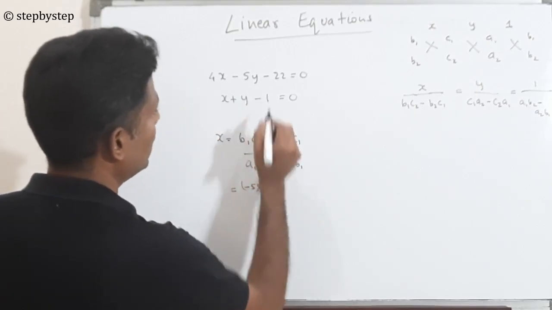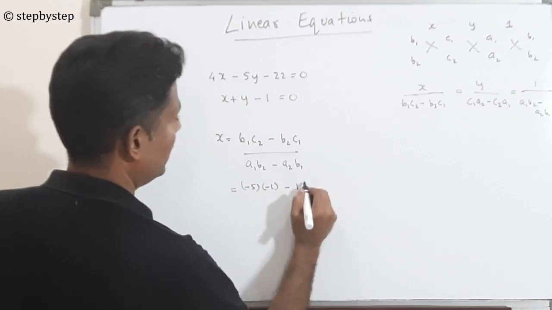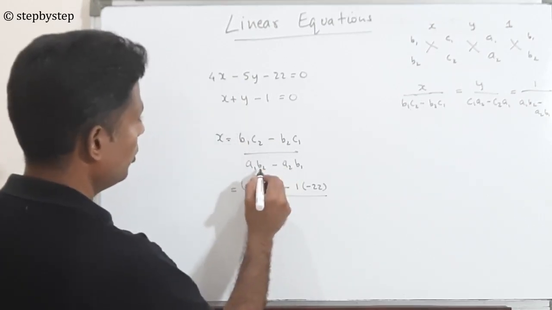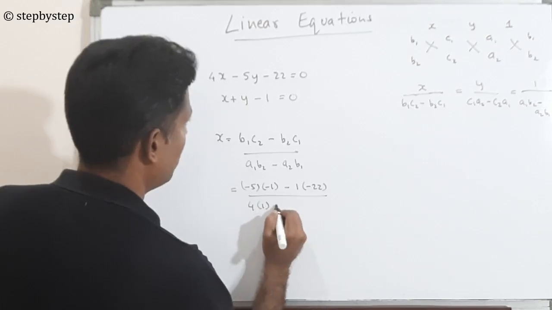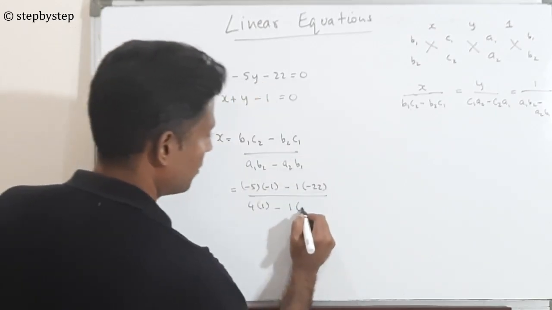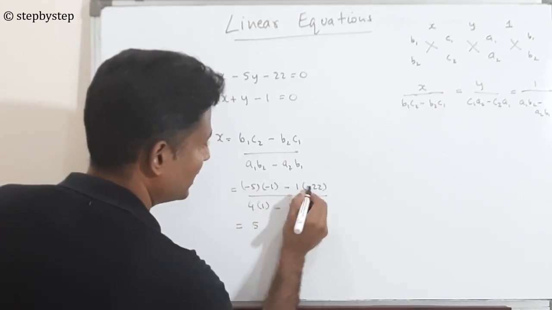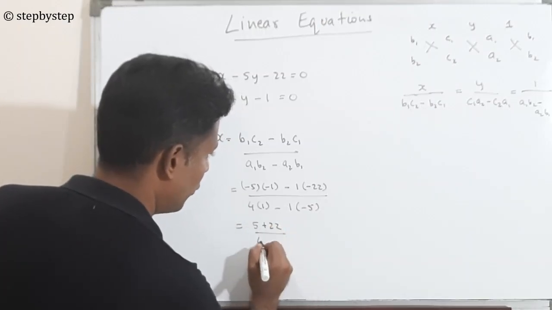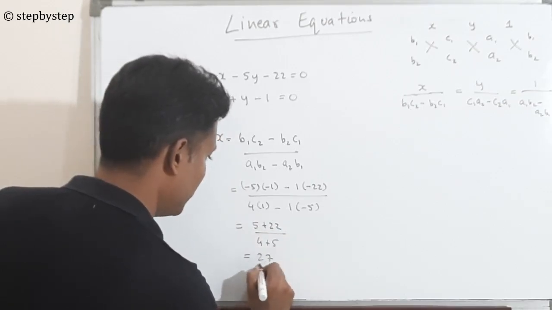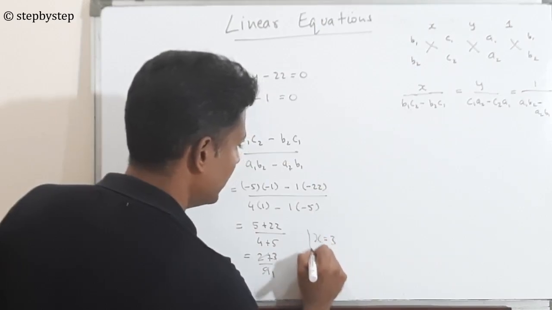Minus 5 into c2 is minus 1, minus b2 is 1 into c1 is minus 22, by a1, that is 4, into b2, that is 1, minus a2, that is 1, into b1, that is minus 5. So we get minus 5 into minus 1 plus 5, minus into minus plus 22 by 4, minus into minus plus 5. So 22 plus 5, 27 by 9. So 9 threes are 27. So we get x equal to 3.